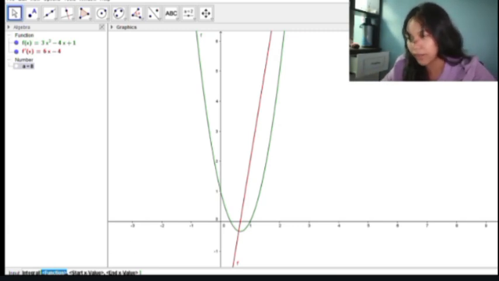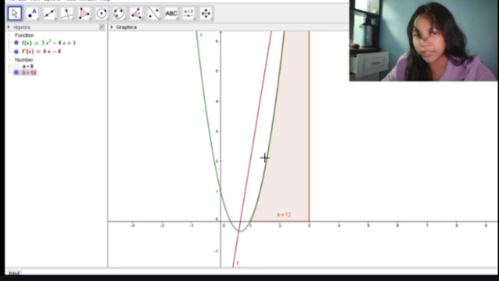Again, we don't need to write the whole function, we just need the name or the letter that corresponds to that equation, which is f, and then 1, 3, then enter. As you can see, the definite integral is b, meaning it is 12.